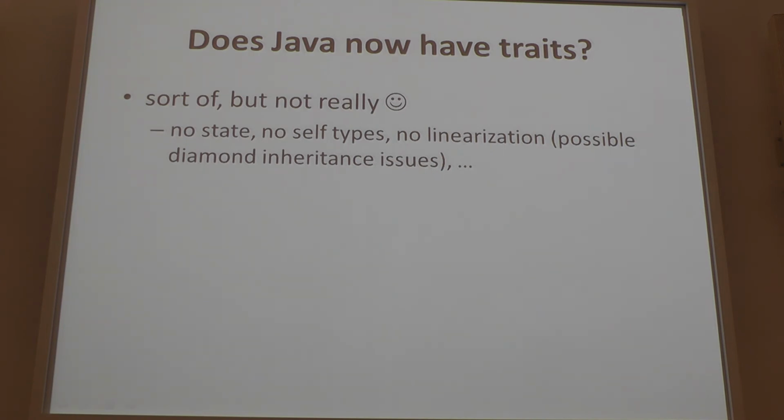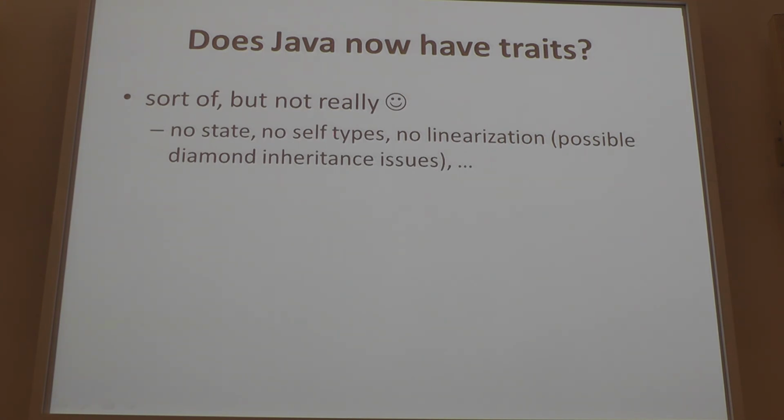The type system in Java 8 stays basically the same. So you have no self types, and you can't do fancy stuff like the traditional cake pattern that uses self types.